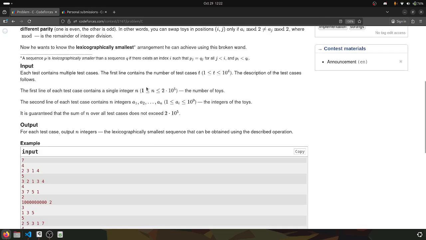The constraints are n is still 2e5, AI is still 1e9, and there are 1e4 test cases, and the sum of n over all test cases does not exceed 2e5. So since we are given this condition, the expected time complexity of solving each test case would be O of n or O of n log n, since O of n square would not work, since that would mean 4e10 operations, which is beyond the limit.